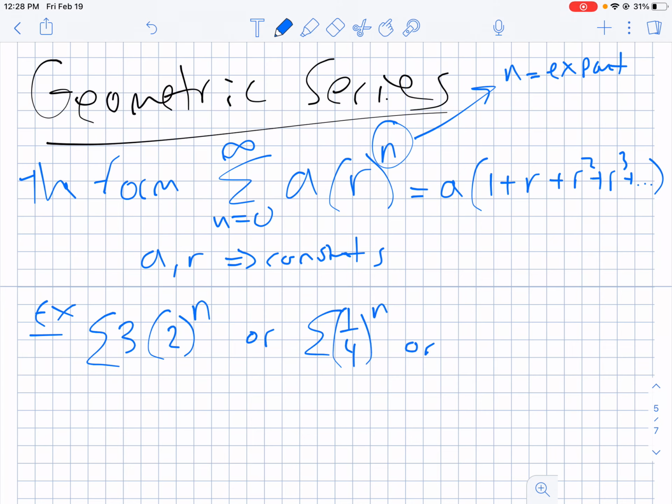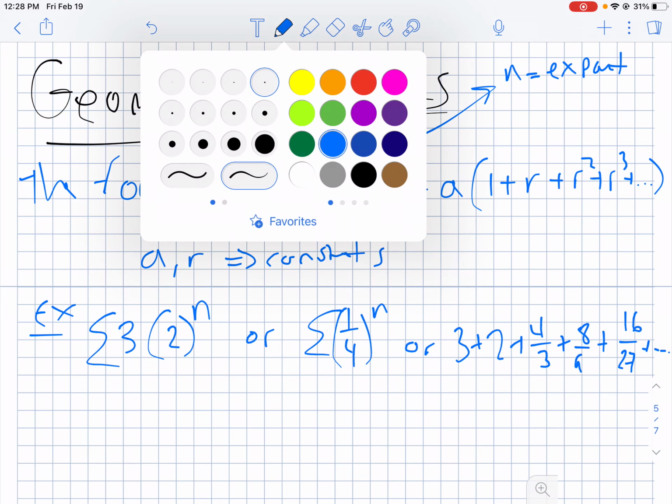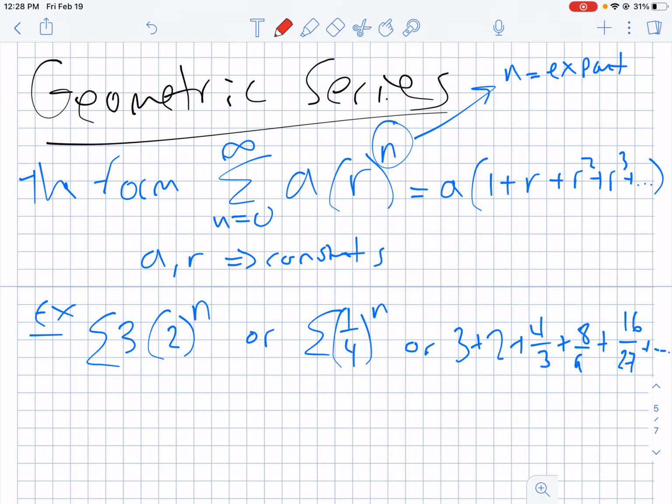Or sometimes you'll actually see a geometric series written out just in terms of terms. So you might see something like this: 3 plus 2 plus 4/3 plus 8/9 plus 16/27 plus. And the way that you identify that it's a geometric series is you multiply by a constant ratio each time.